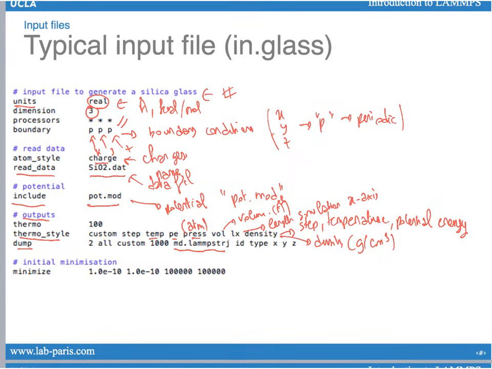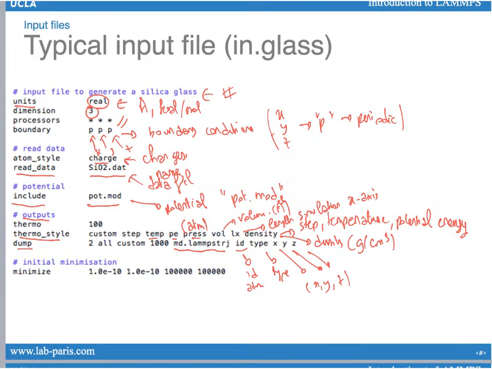This file will contain some information for each type of atom. For example, in this file, we will have for each atom the ID, which is the number of each atom. LAMMPS will provide you each type, so is it silicon, is it oxygen, etc. And it will provide you the position X, Y, and Z.